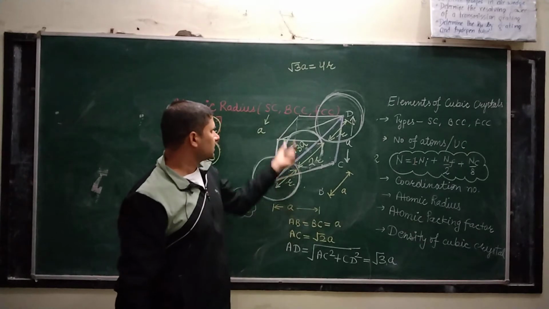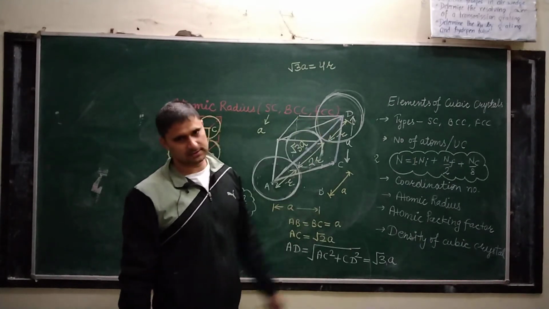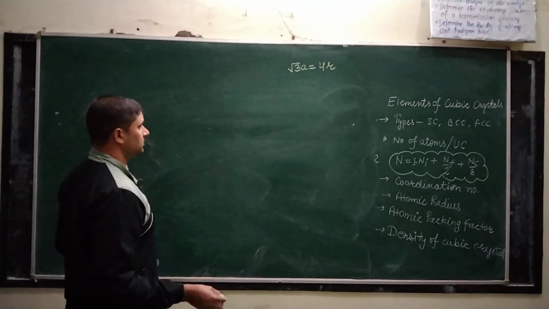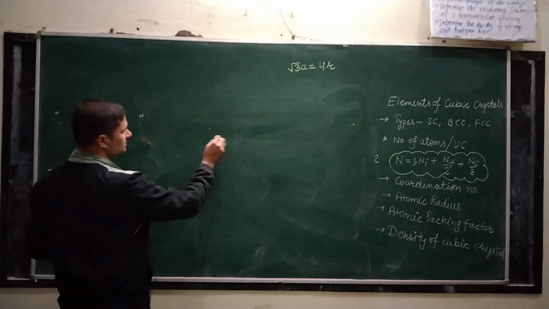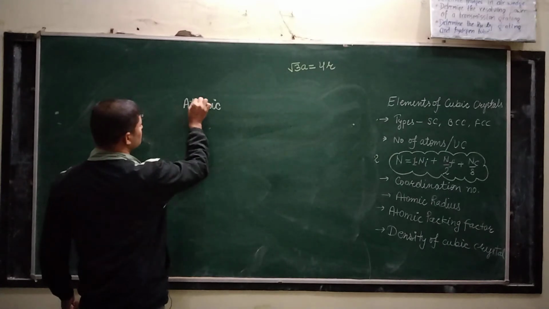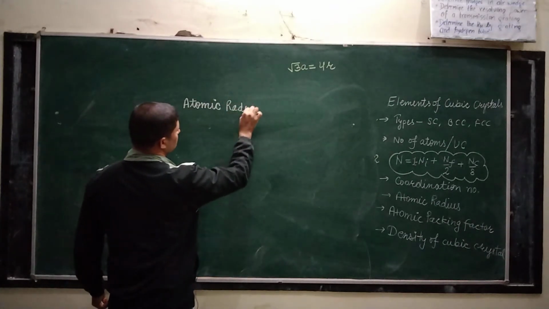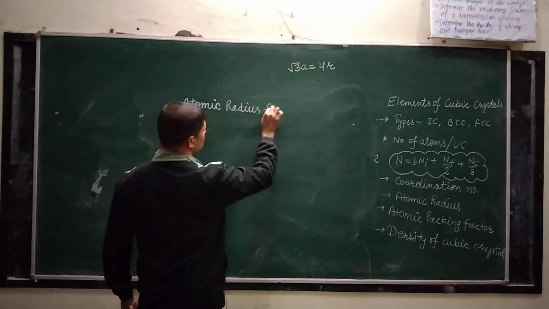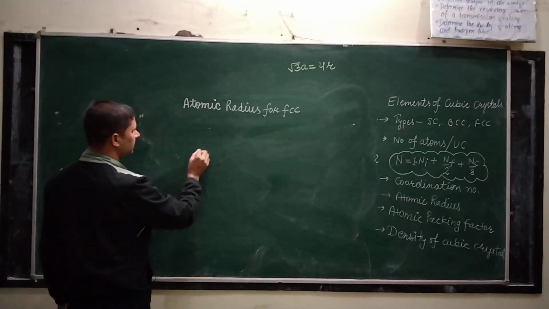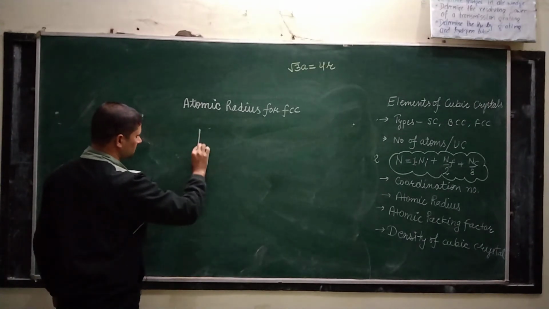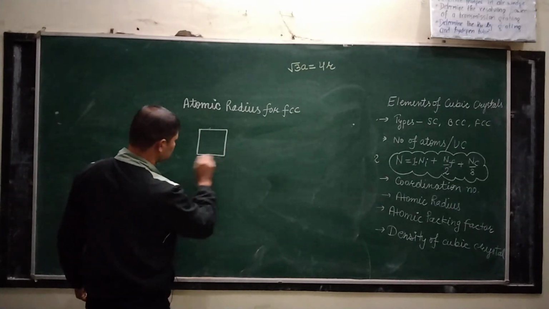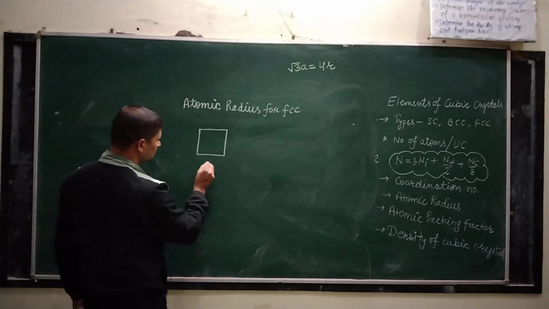So we have done it for BCC. Now come to FCC. Class, now we are to discuss the atomic radius for FCC. Here you will see the atom is present in the middle of the face, and I am taking one of the faces.